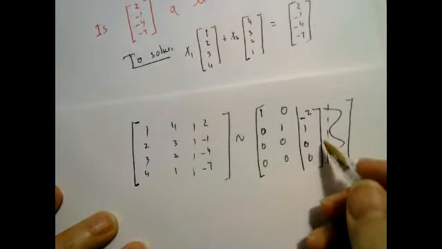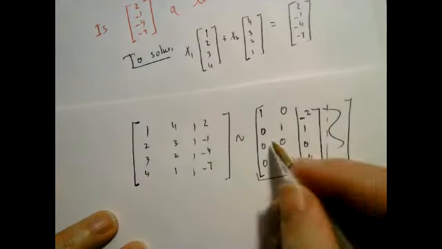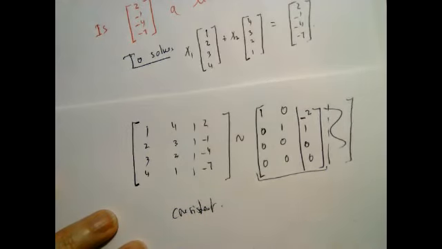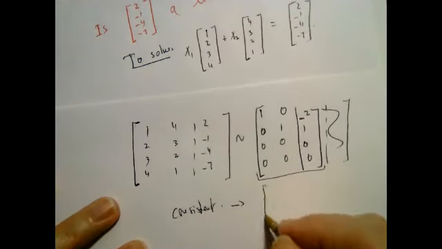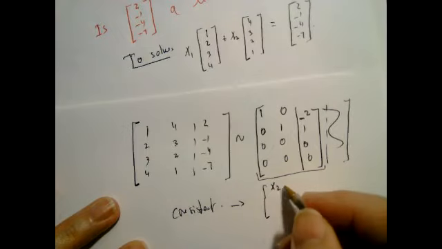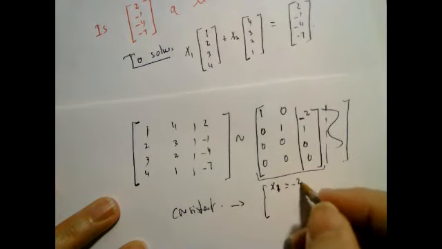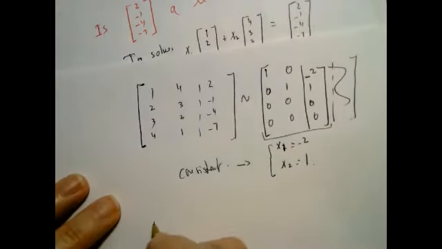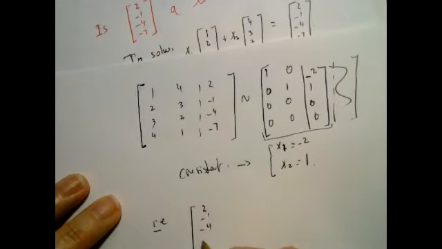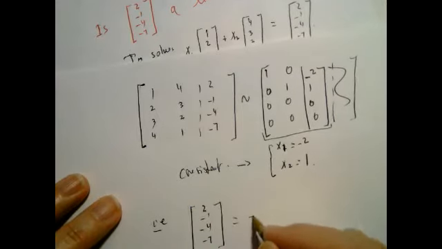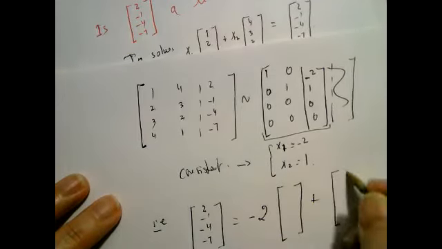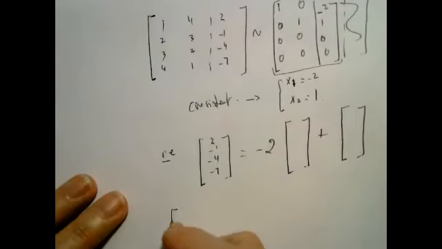So this is a consistent system, and I can read the weights. x1 is -2, and x2 is 1. It means my vector (2, -1, -4, -7) can be written as -2 times the first plus the other one. So the vector is in H.